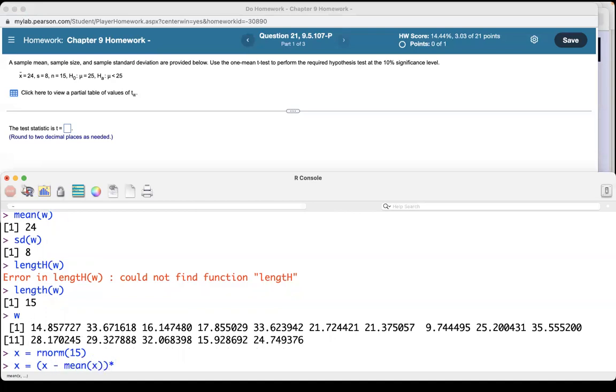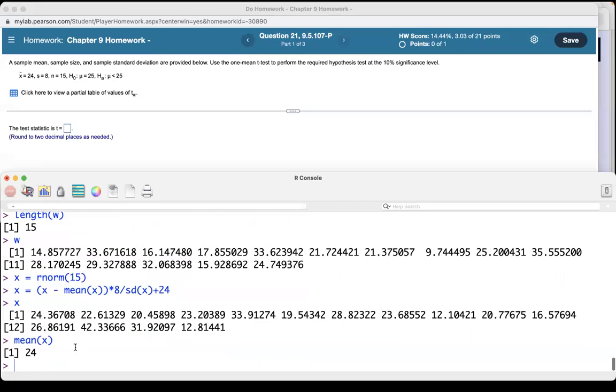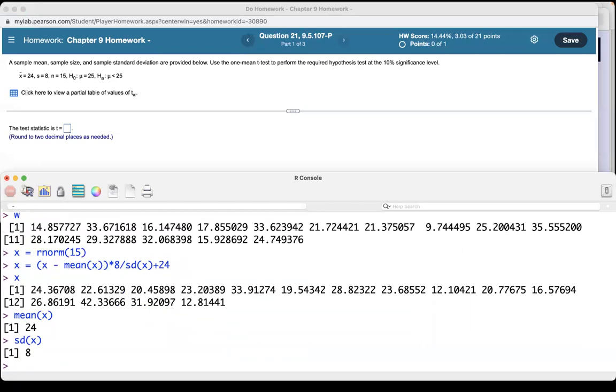I'm going to multiply by the standard deviation that we want, divide by the standard deviation that we have, and then add the sample mean that we want. And if I do that, then there's our data set X. Because I used 15 more random numbers, it's going to be a different data set than we had before, but it's going to have the same properties. It's going to have a mean of 24, a standard deviation of 8, and there should be 15 values there.